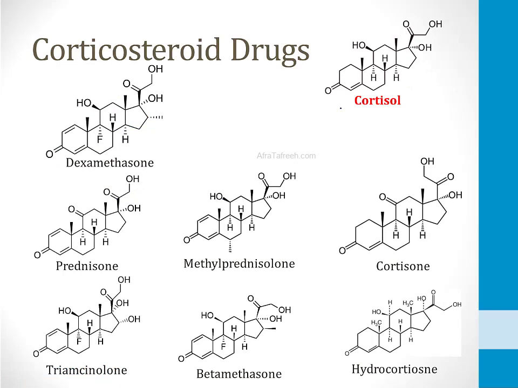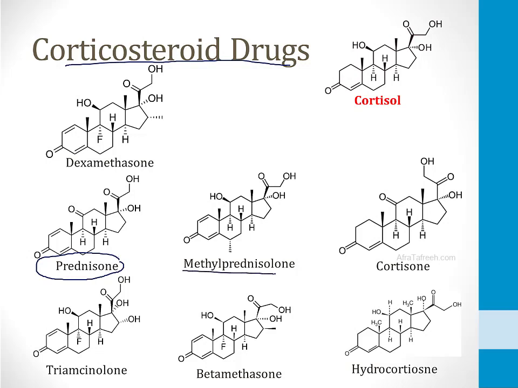Because cortisol is such a potent immunosuppressive, drugs that have a similar structure to cortisol are often used to suppress the immune system or suppress inflammation. These are called corticosteroid drugs, or many people just call them steroids. One of the ones you will most commonly see used is prednisone. You can see that its chemical structure is almost identical to cortisol. It's given orally to patients with asthma exacerbations and lupus and many other inflammatory conditions.